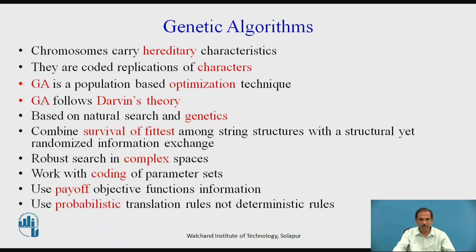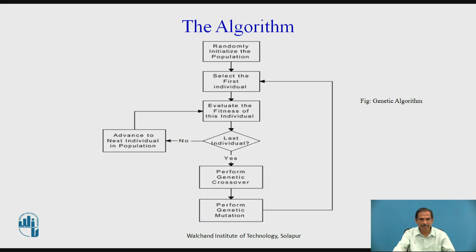They are used for optimization, and they are based on Darwin's theory of survival of the fittest and natural selection. They are robust in complex spaces, and they work with the coding of the parameters. They use a payoff function to find a fitter chromosome, and they use probability for determining all the rules.